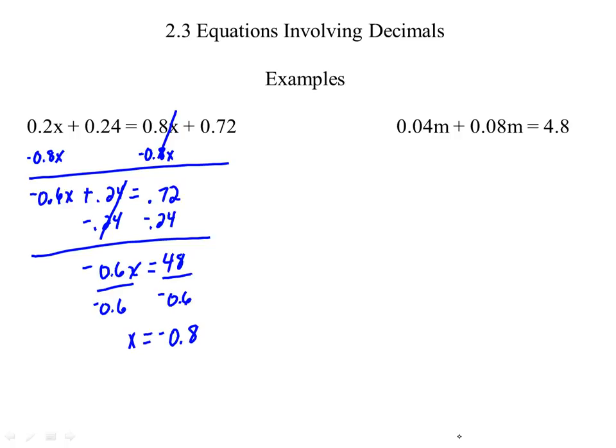Y'all don't know how to use a calculator. So that's going to be 80. This is negative 80. I didn't think that was right. It should be 0.48. That's what it is. Okay, my bad.